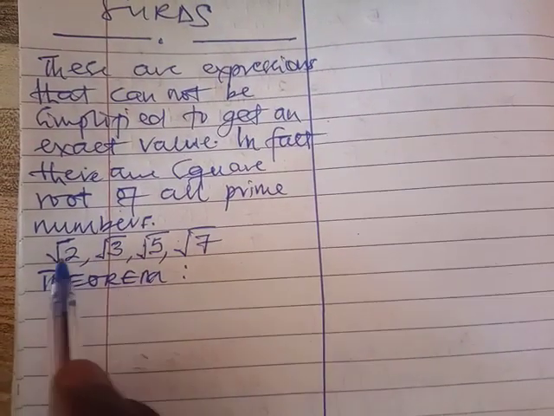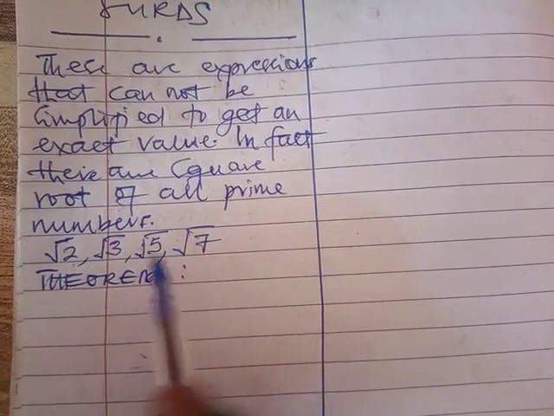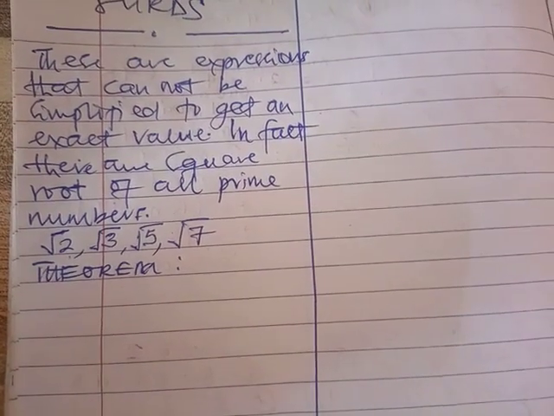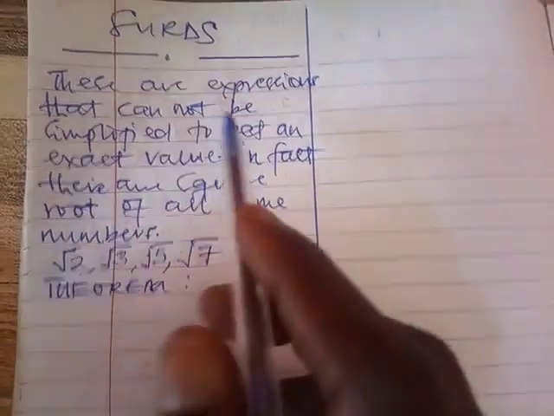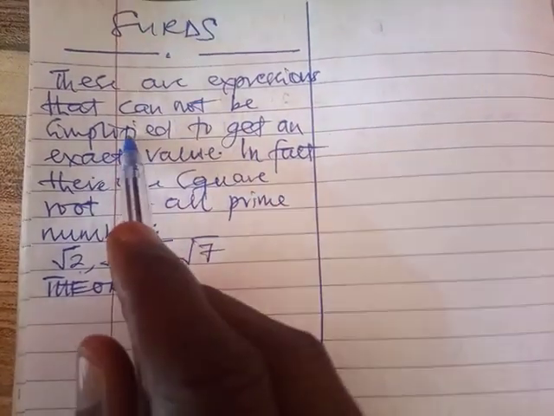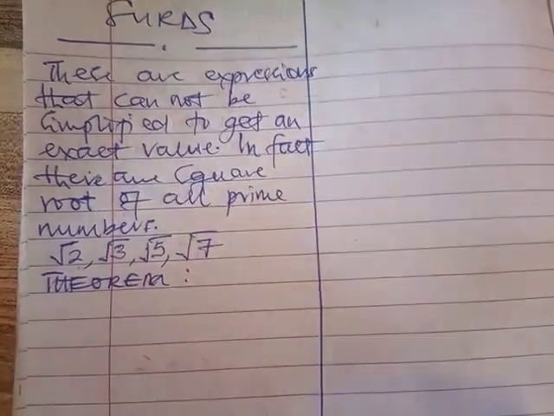Now with these expressions, when you punch them on the calculator, you wouldn't get an exact value. You get decimals. That's why we are saying that surds are expressions that cannot be simplified to get an exact value.